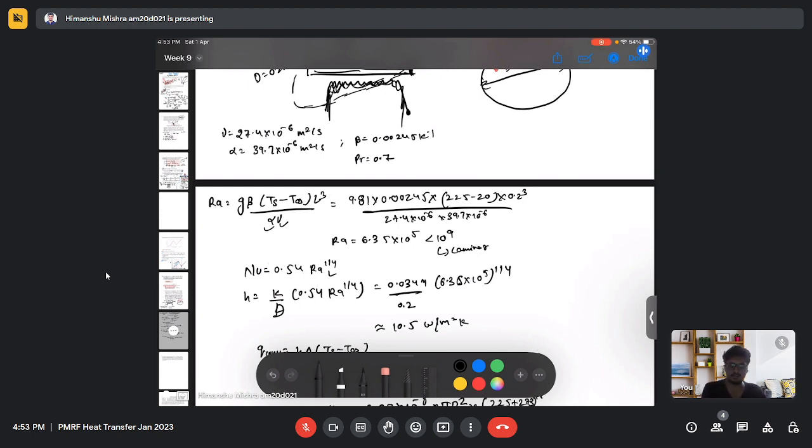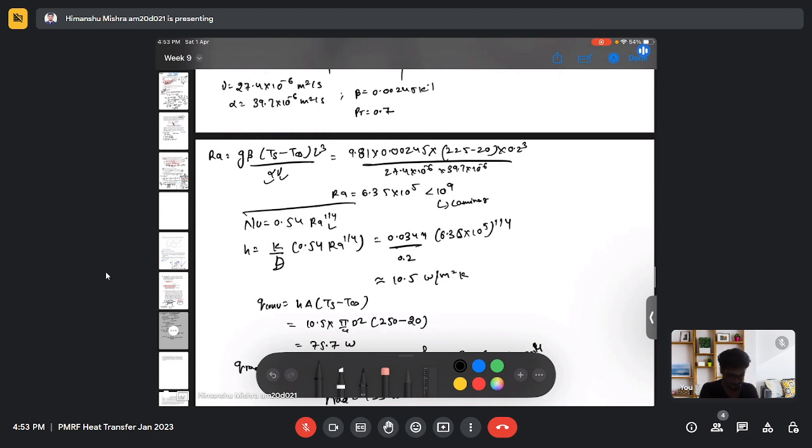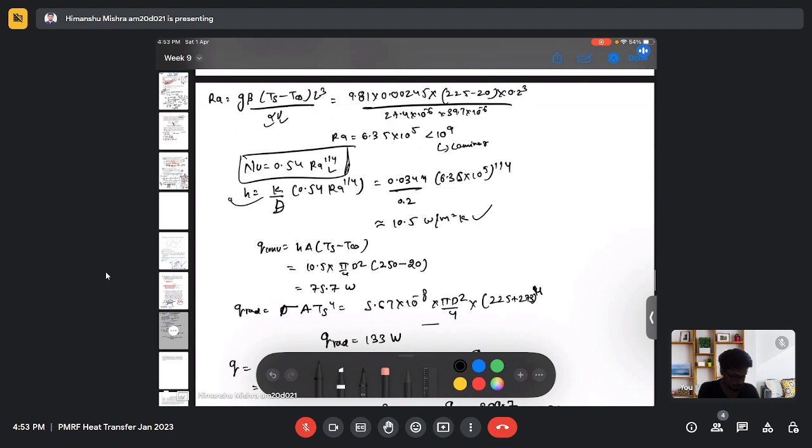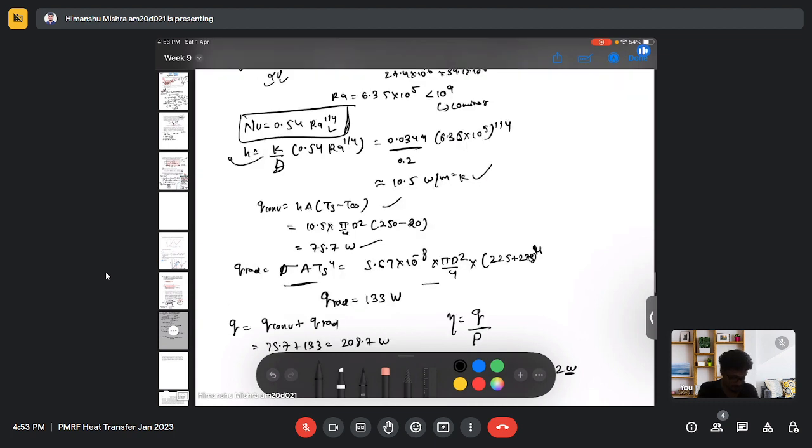Based on the nature of the flow, which is laminar, we use this Nusselt number correlation, and from there we calculated the heat transfer coefficient for the free convection process, and then from Newton's law we found the total heat transfer due to convection. For radiation heat transfer, we use the Stefan-Boltzmann law, and we directly put the surface temperature into the expression to find the total heat transfer due to radiation.